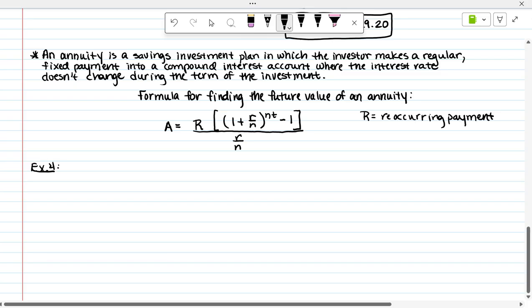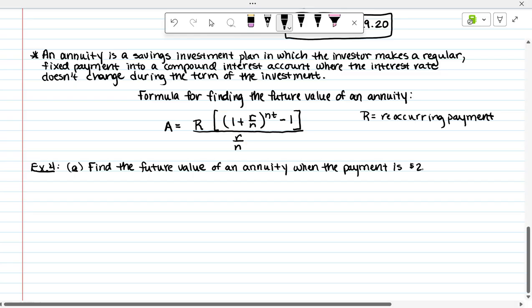Example 4. Part A says, find the future value of an annuity when the payment is $275 quarterly.